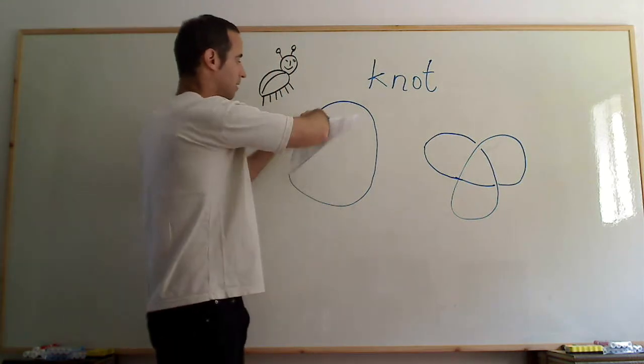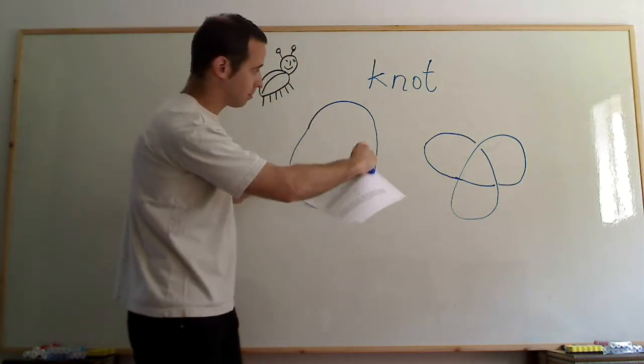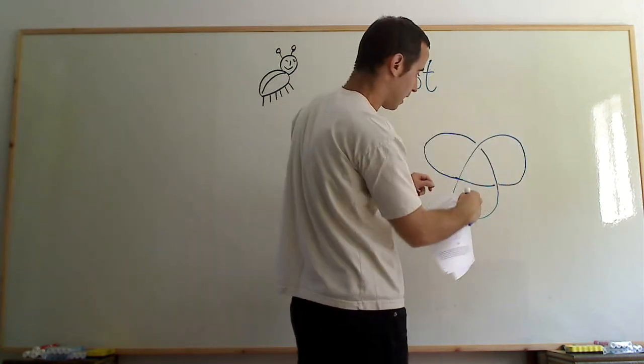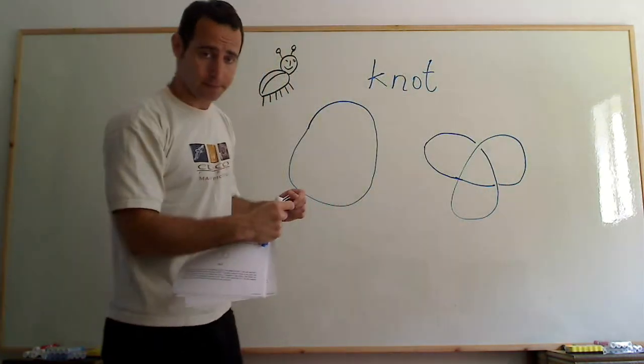We took this line, we disconnected it, we made a knot, okay? And we tied it again.